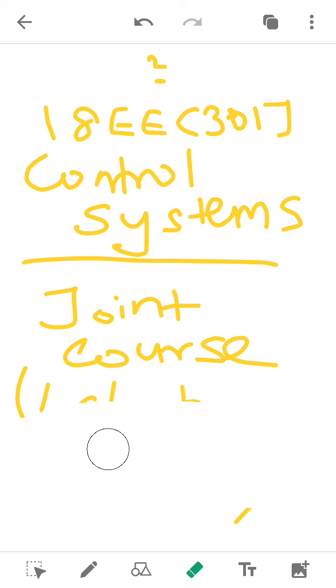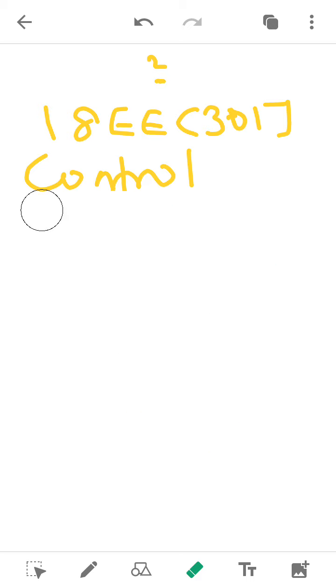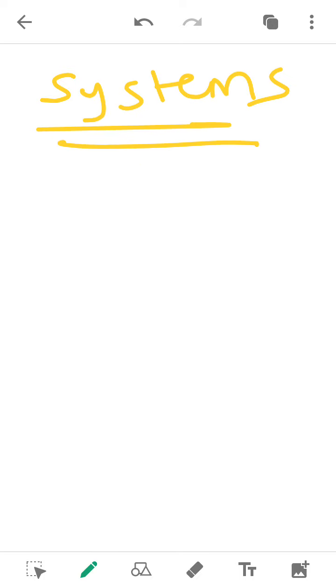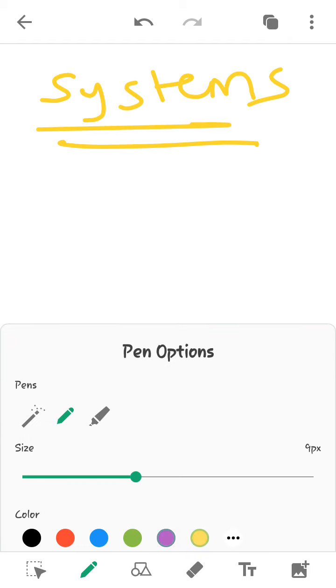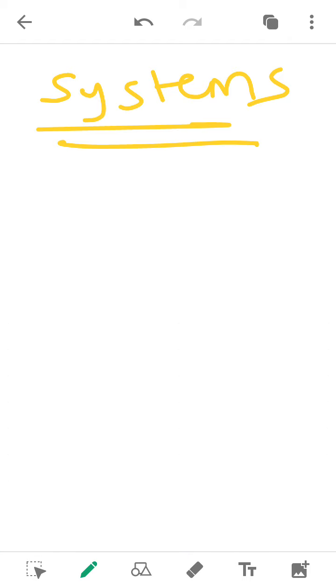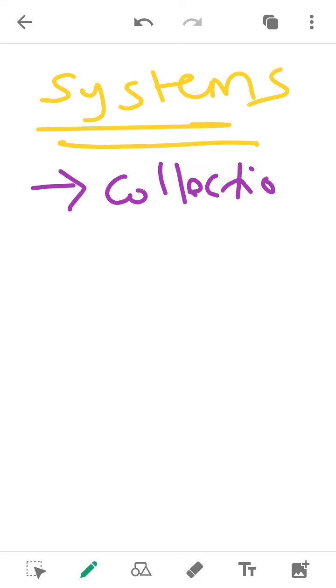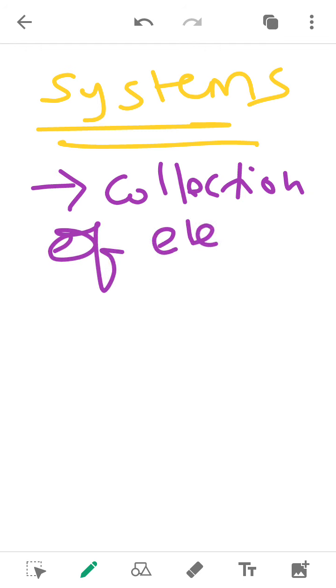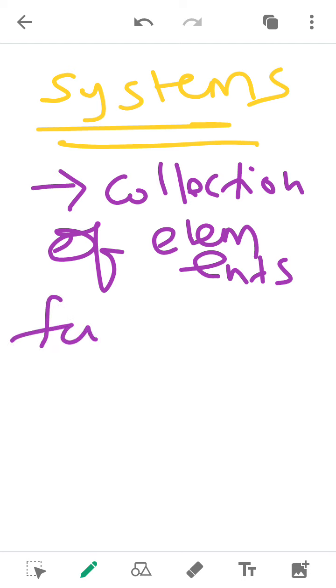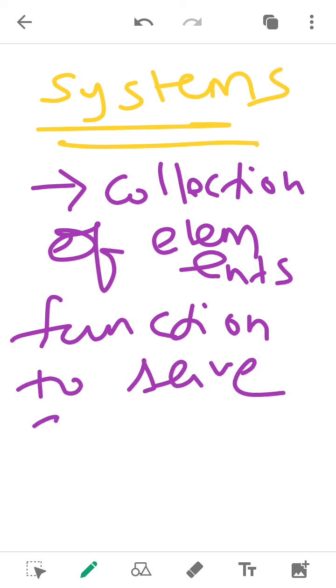So let me begin by giving a proper definition for the term systems. Systems are a collection of several elements or components which collectively function to serve a particular objective or a purpose.